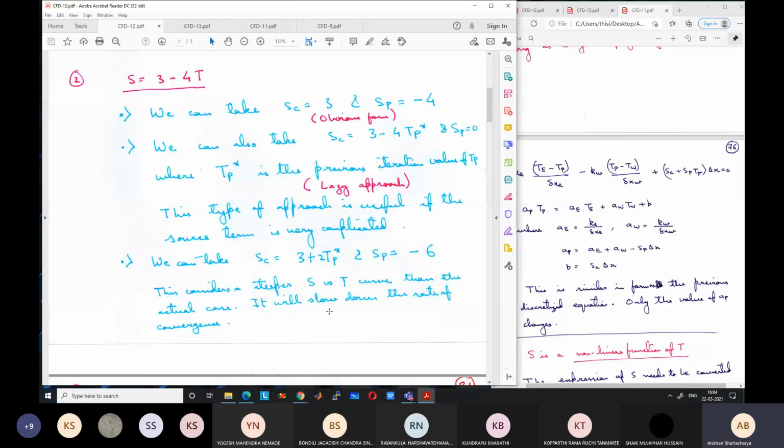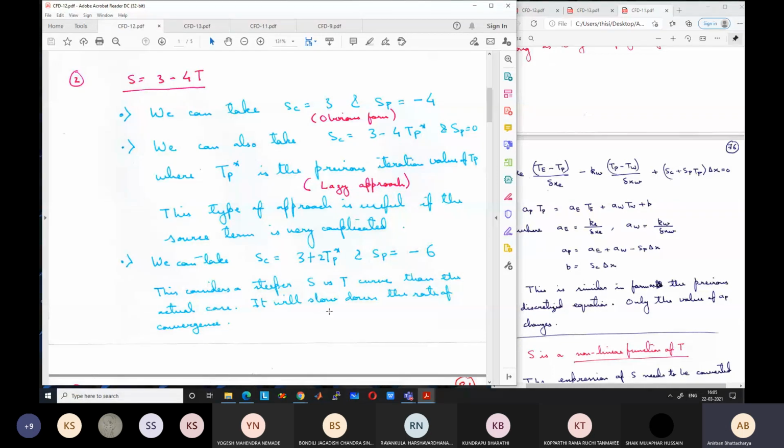Consider a situation where the change in the source term is very nonlinear, meaning it drastically changes with temperature, like a radiation problem, T to the power 4 dependence or something like that. So a small fluctuation in temperature drastically changes the source term value. In those cases, what will happen?